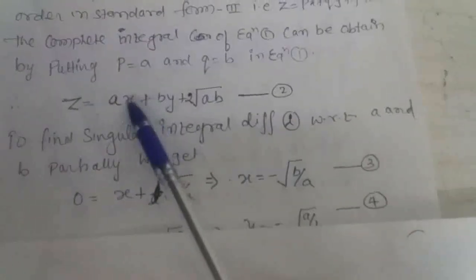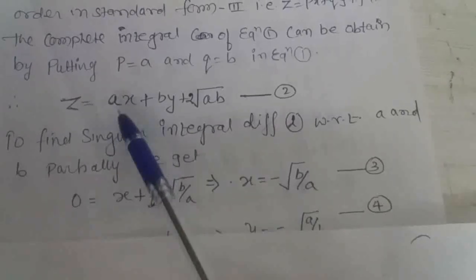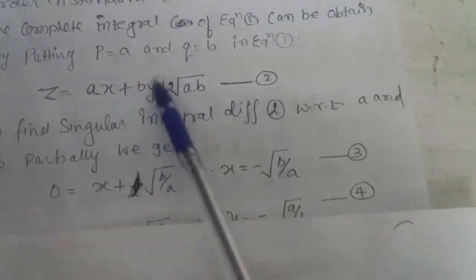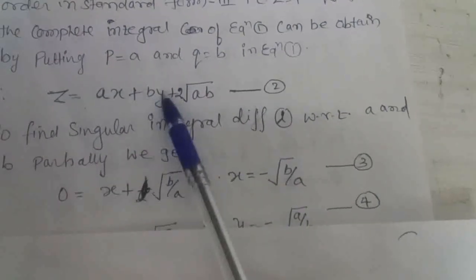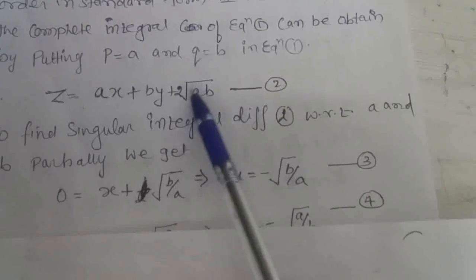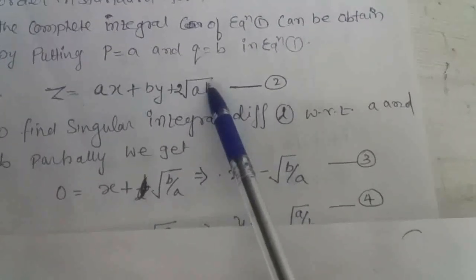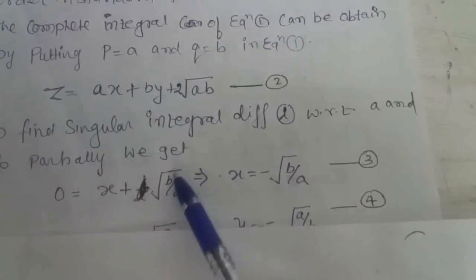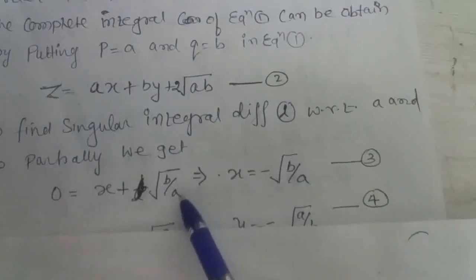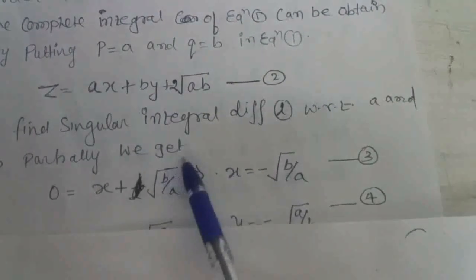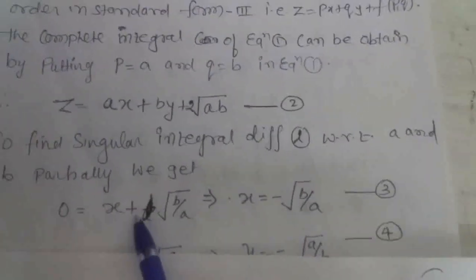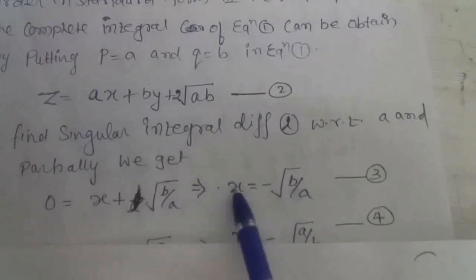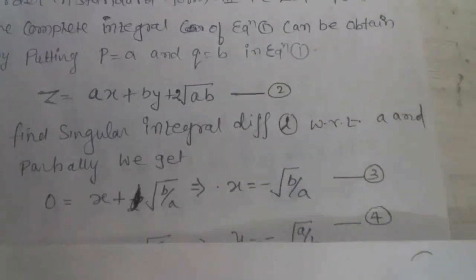The partial derivative of ax with respect to a is x, plus this is a constant term with respect to a, so the partial derivative of by is 0. Here 2 times root b is constant with respect to a, and the partial derivative of root a is 1 by 2 root a, so 2 cancel, and finally we get 0 equal to x plus root b by a, and which gives x equal to minus root b by a.